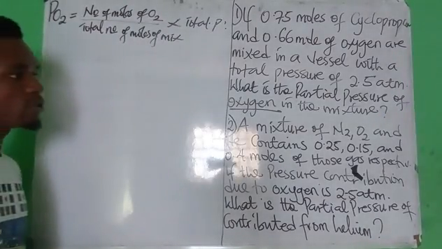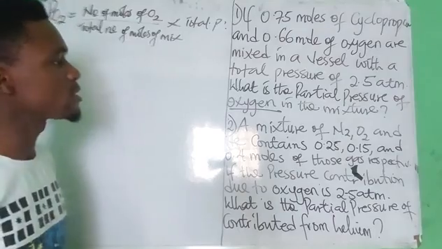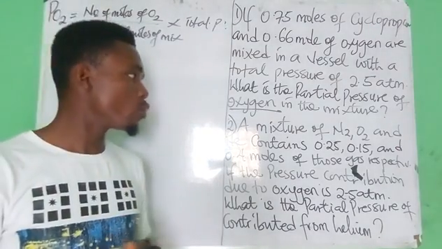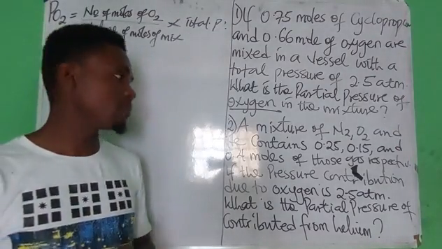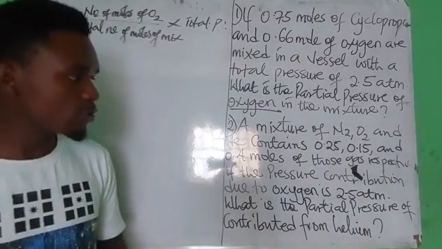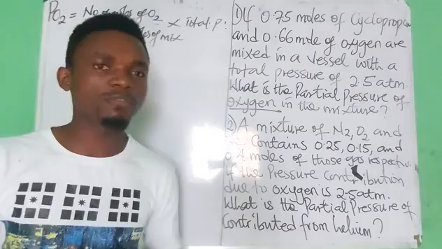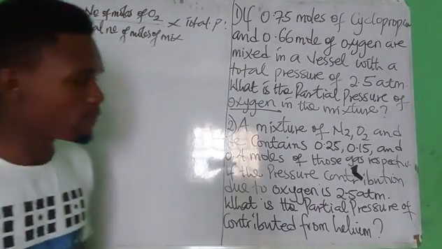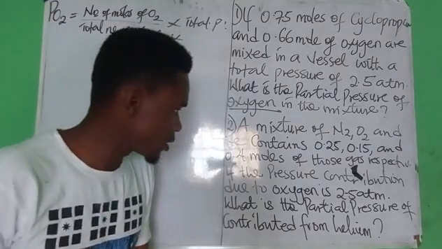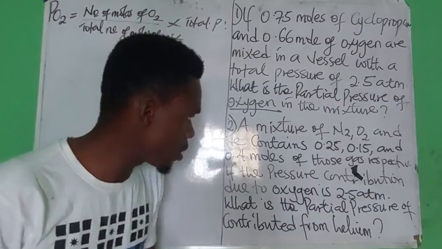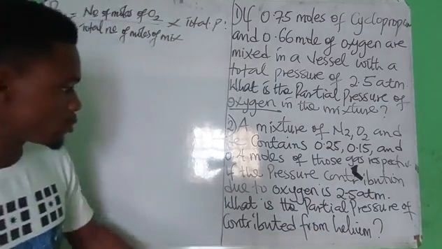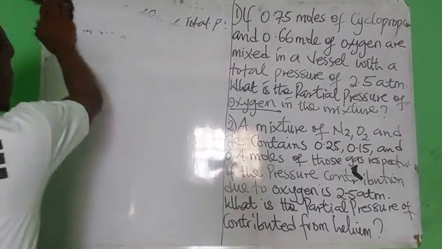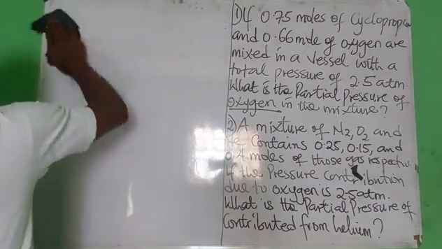A mixture of nitrogen, oxygen, and helium contains 0.25, 0.15, and 0.4 moles respectively. If the pressure contribution due to oxygen is 2.5 atmosphere, what is the partial pressure of contribution from helium? They said helium, right?